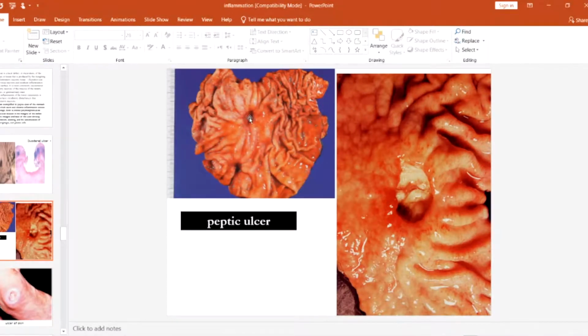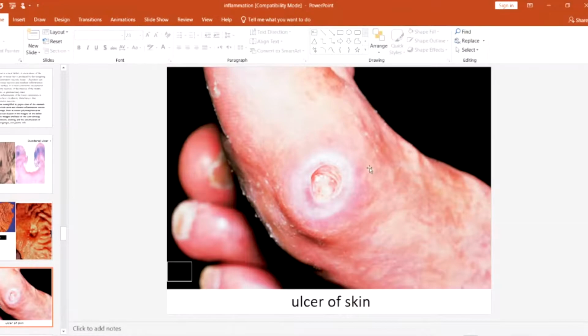Ulcer. Here is a skin ulcer. So what is an ulcer? Ulcer is shedding or sloughing or discontinuity of the lining surface epithelium. Ulcer usually seen when there is necrosis with inflammation. Ulcer can be seen in any mucosa, oral cavity, urinary bladder, etc., or can be seen in the skin.